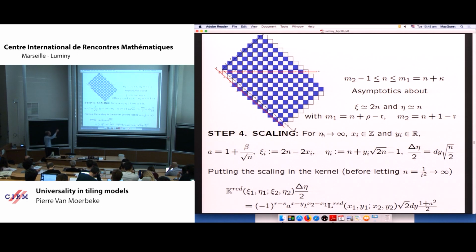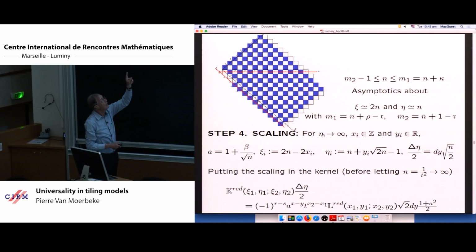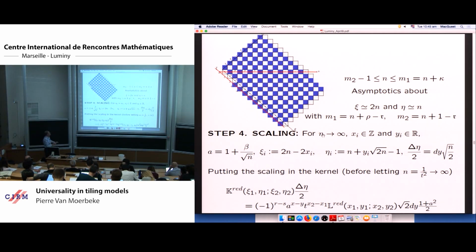If n goes to infinity, the m1 and m2 go to infinity, but the kappa, the rho, and the r, so these numbers here, I mean the width of the strip and the number of dots on the lines in the strip, that remains fixed, okay? You don't move them, but all the rest goes out to infinity. Just for convenience, let me put n equal to 1 over t squared, but this is the precise scaling.